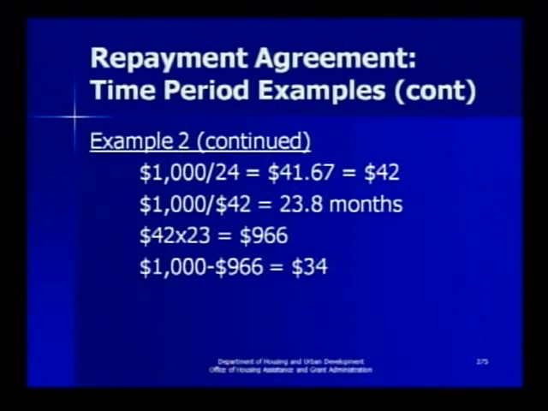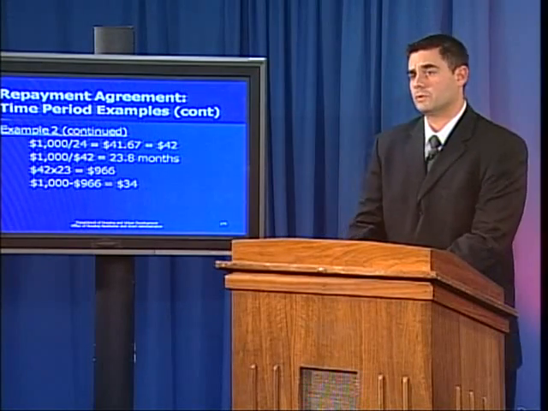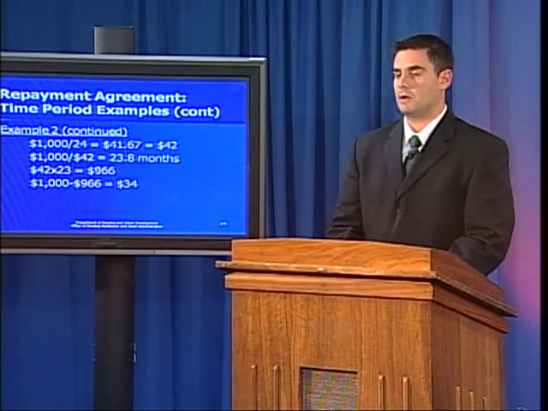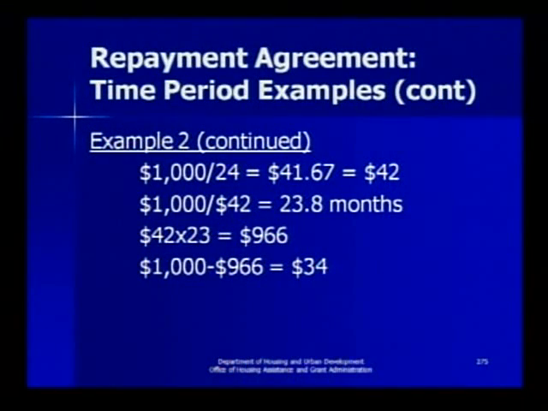The first calculation that will need to be done is to take the $1,000 total and divide that by the 24 months that the tenant wishes to repay in. That equals $41.67, or rounded up to $42 per month. So you take the total amount of $1,000 and divide that by the $42 per month, and that gets a figure of 23.8 months.